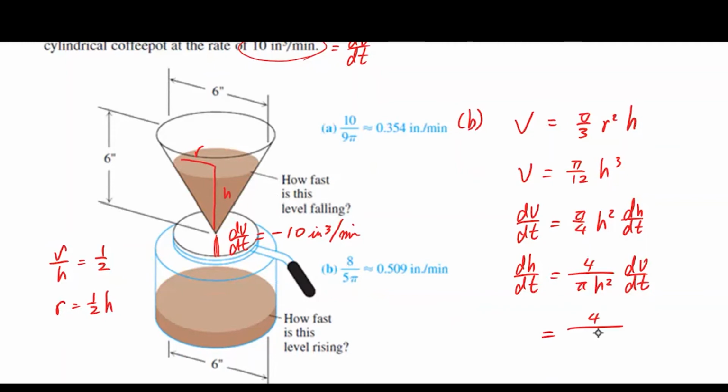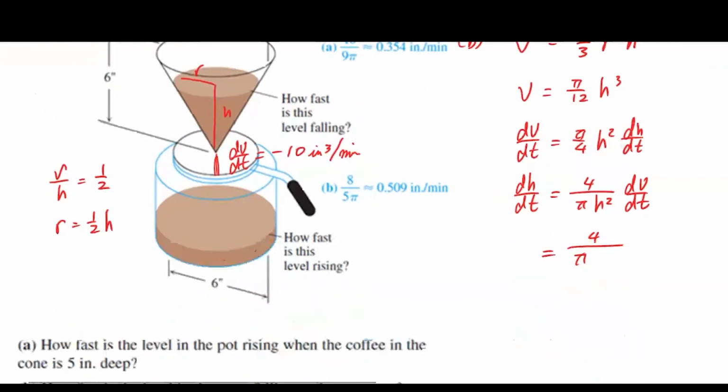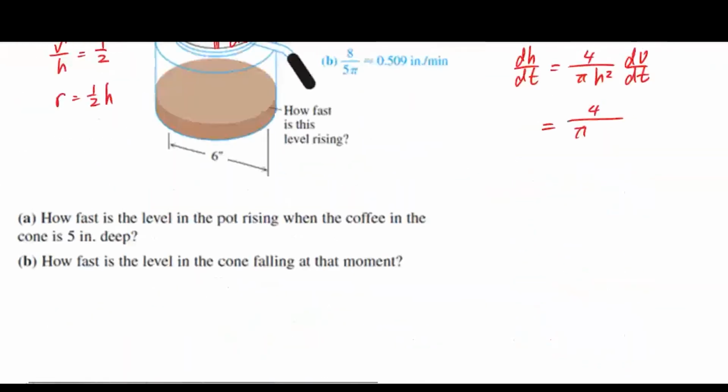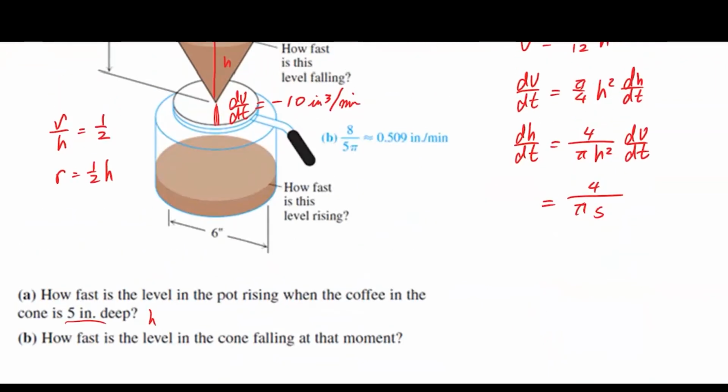So we have 4 over pi, and when this thing is 5 inches deep, right? Where is it? Yeah, here. This is our h, right? So we put 5 squared here, and the rate is negative 10. Good.